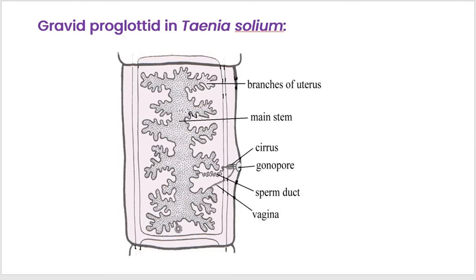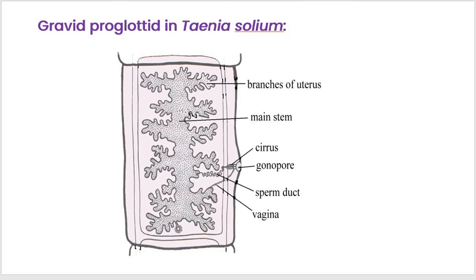Strobila means the posterior, longer segment of the body of the tapeworm. Such segments are in the developmental zone: immature zone, mature zone and gravid zone. So the strobila of Taenia solium has three types of proglottids: immature, mature and gravid.